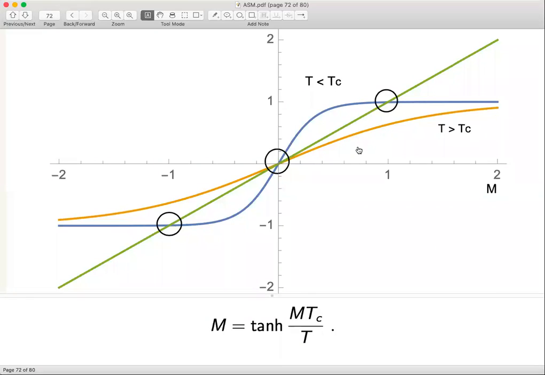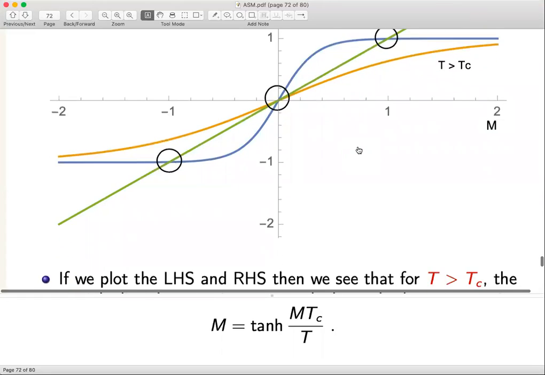So in spite of so many approximations, mean field still managed to capture this feature.